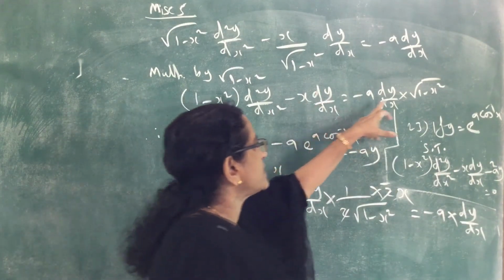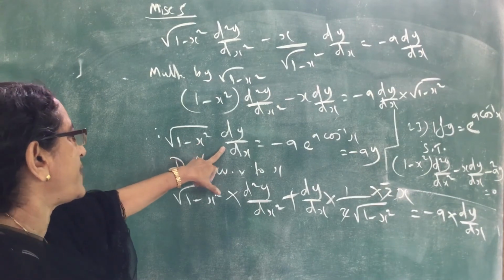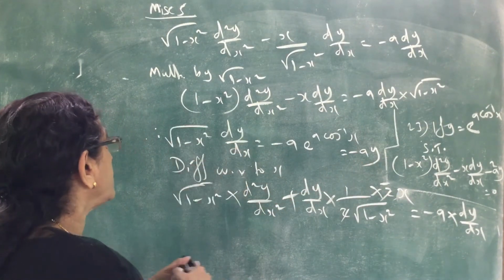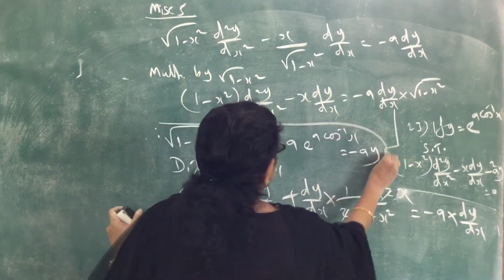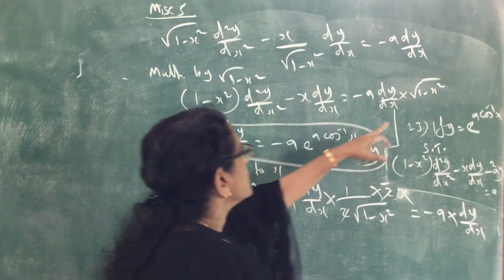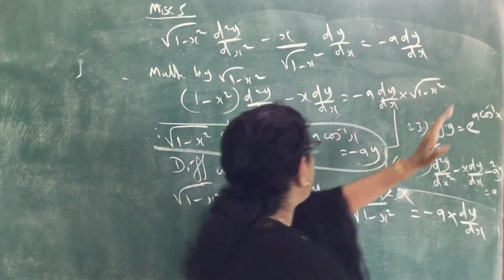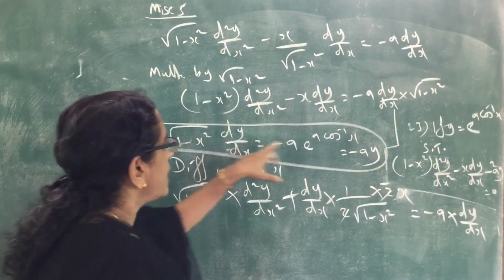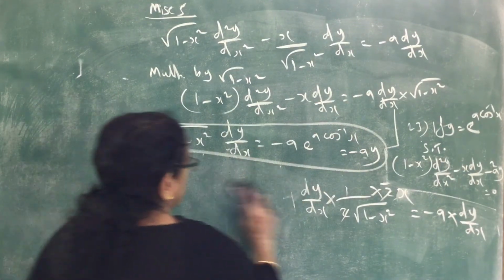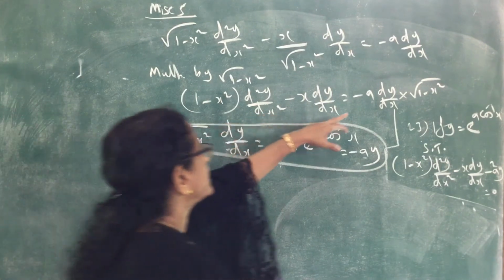For that we can substitute here. We have root of 1 minus x square into dy by dx equal to minus ay. So root of 1 minus x square into dy by dx, this much part, is the same as minus ay, and we can substitute that on the right side.